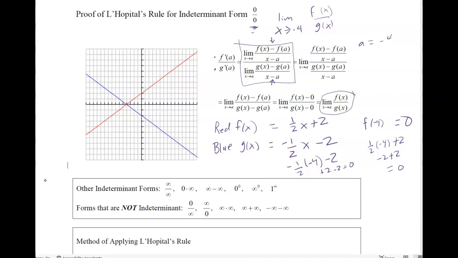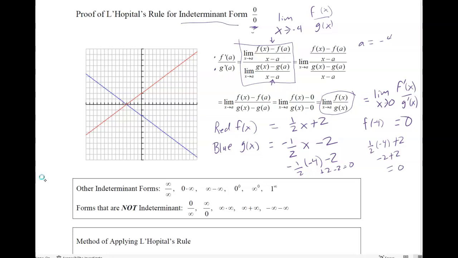So what that really means is I can do the limit, it's going to be the same as the limit as x approaches a of f prime of x over g prime of x. So this is not the quotient rule for taking derivatives. We are literally taking the derivative of the top, derivative of the bottom, and making a new ratio. And in L'Hopital's rule, what allows us to do that is the fact that when we tried substitution, we got one of these indeterminate forms, 0 divided by 0, particularly here.